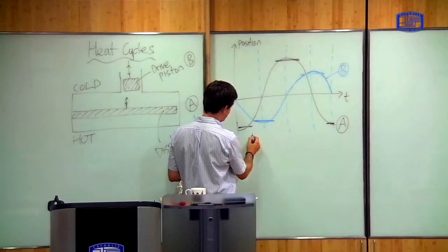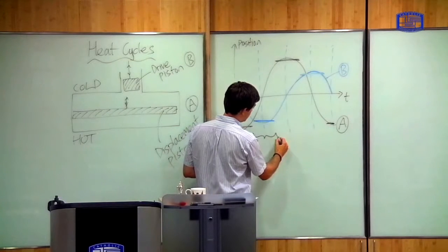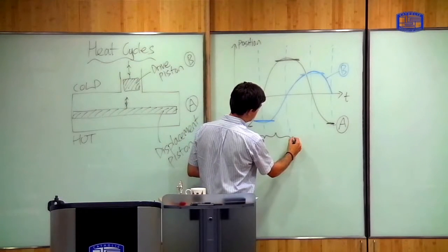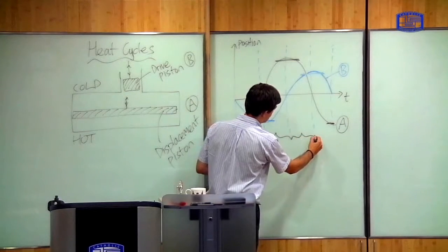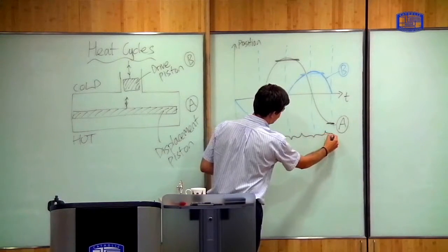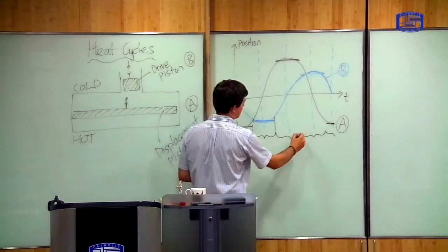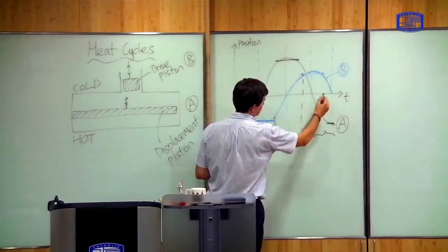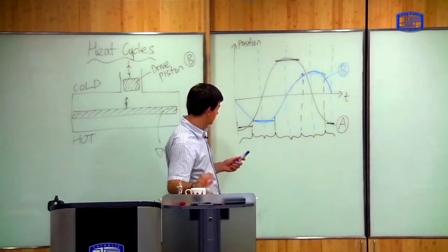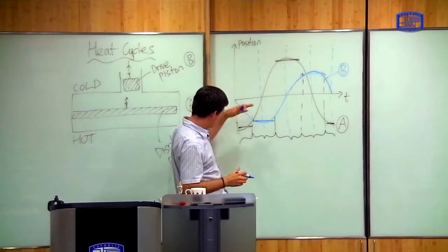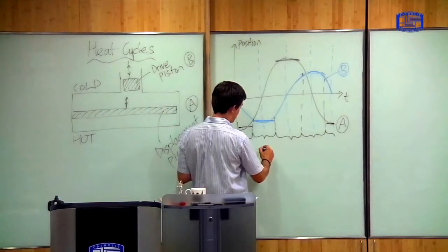So I can divide this system into a number of stages which should all be of equal size if I've drawn it correctly, like this. And you see that roughly, approximately, in this first stage here, B is a constant.